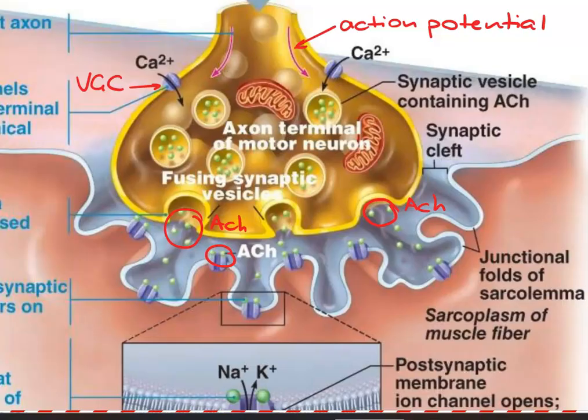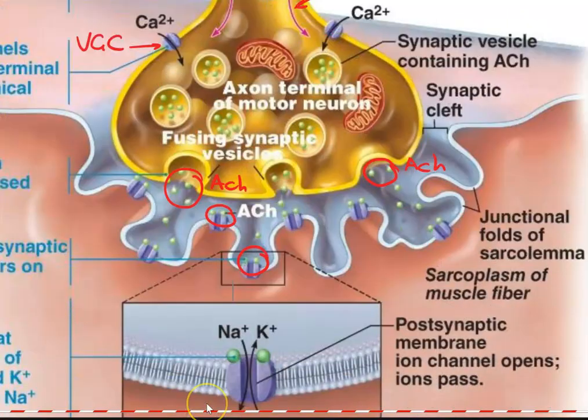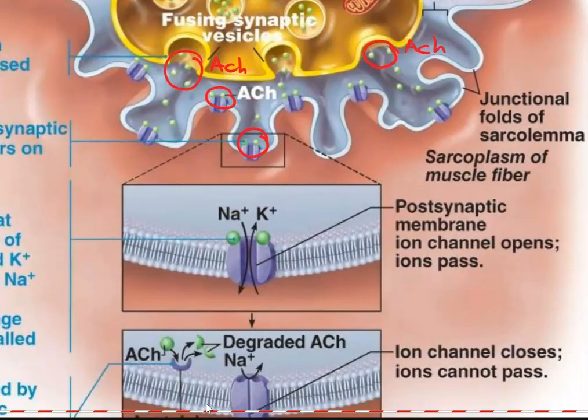So once the neurotransmitter is bound to its receptor, remember it's a ligand-gated channel, this opens the channel allowing sodium to get into the cell, because remember, sodium concentration is higher on the outside, and simultaneously it lets potassium out, because potassium concentration is higher on the inside of the cell.